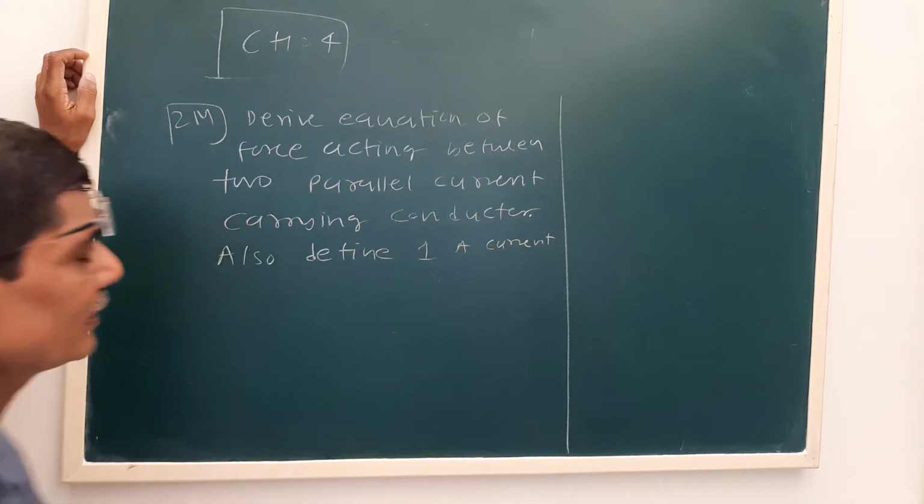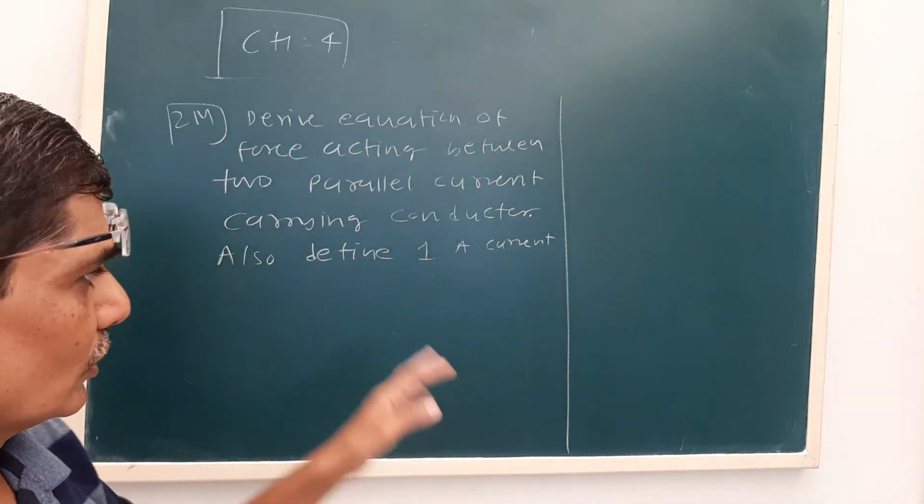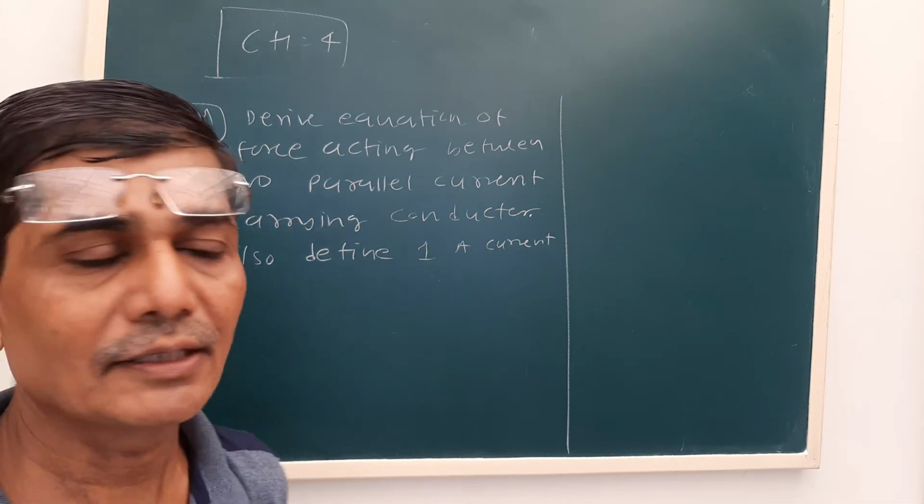Now we know the SI unit of current is 1 ampere, so here we will have a definition of 1 ampere current also.